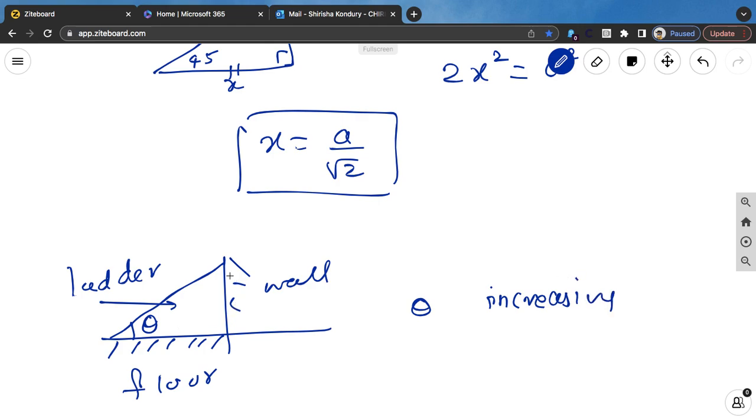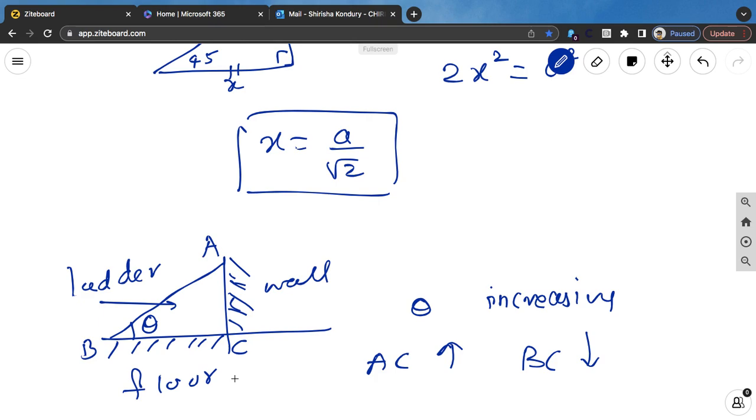And when theta increases, you will see that in this triangle it is making, ABC, the edge AC will increase and BC will decrease, which means the opposite side increases and the adjacent side decreases. So the angle and the sides opposite and adjacent to it have some connection.